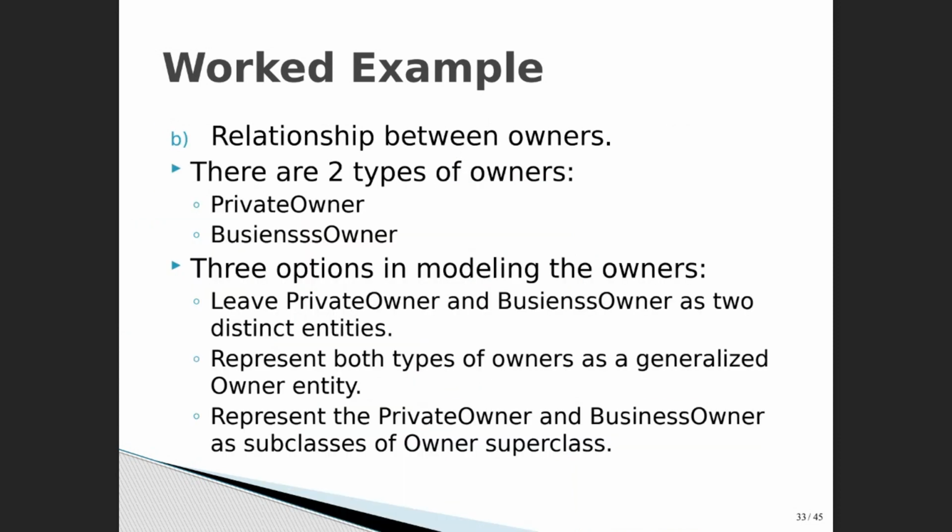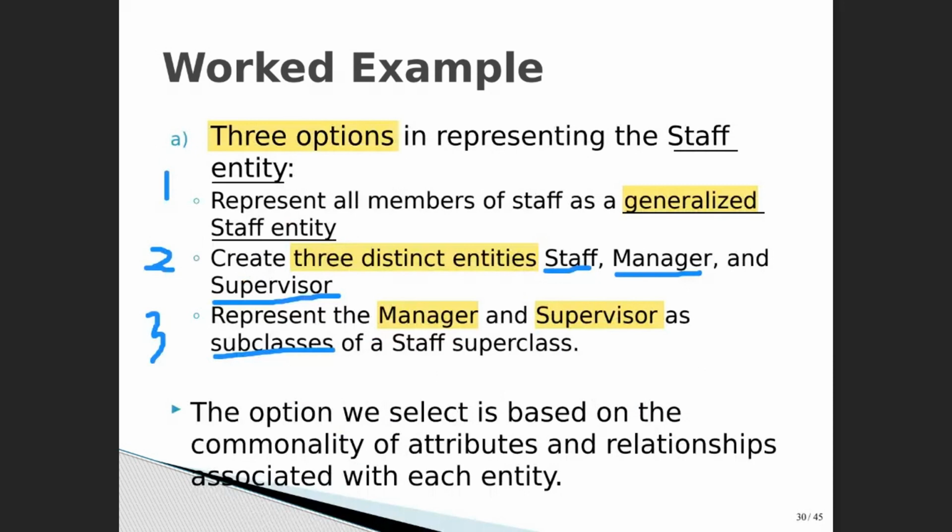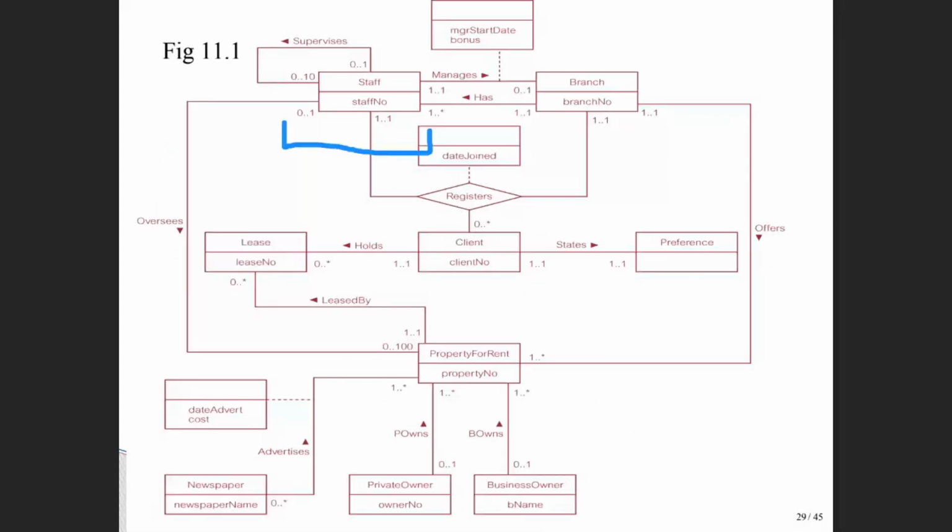Now, let's talk about another part of this example. We have the owner relationship here. We have private owner and business owner. See here, private owner and business owner.